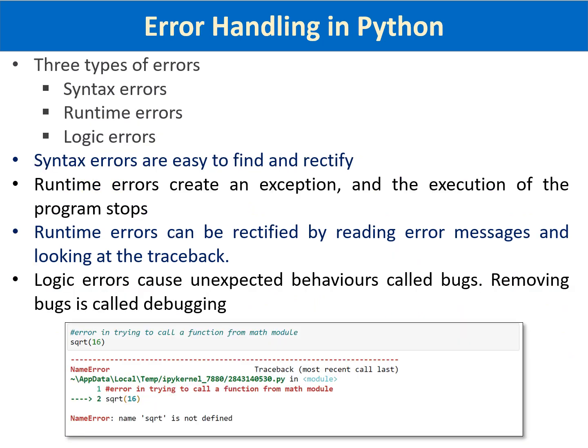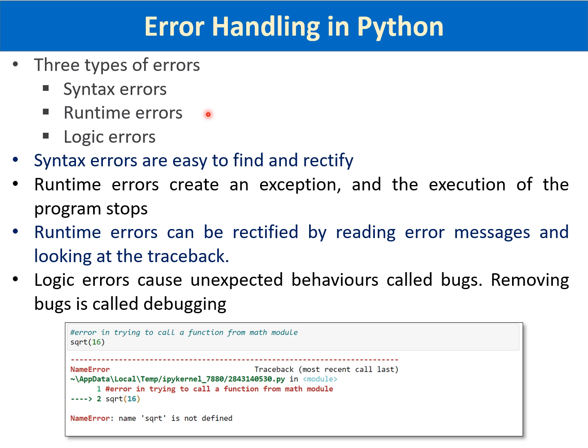Coming to error handling in Python, broadly there are three types of errors which can occur: syntax errors, runtime errors, and logic errors. Now, Python with its simple and easy to understand syntax offers less scope for committing syntax errors.